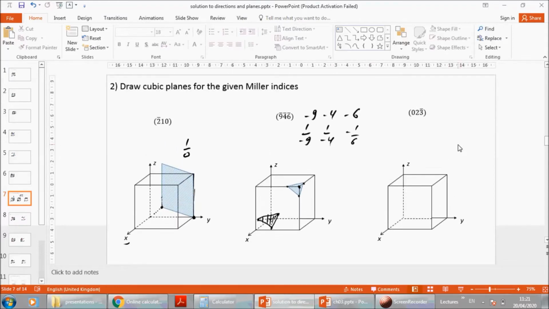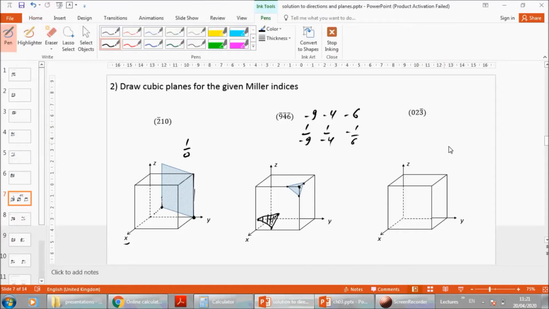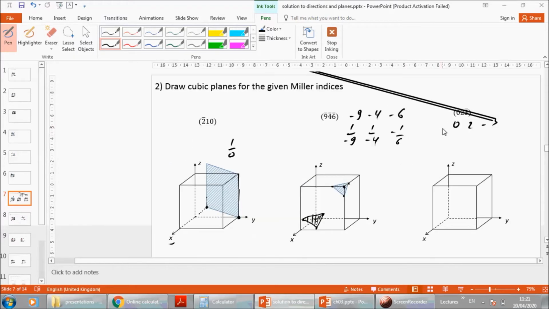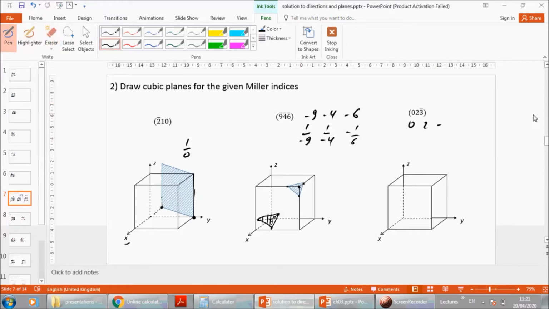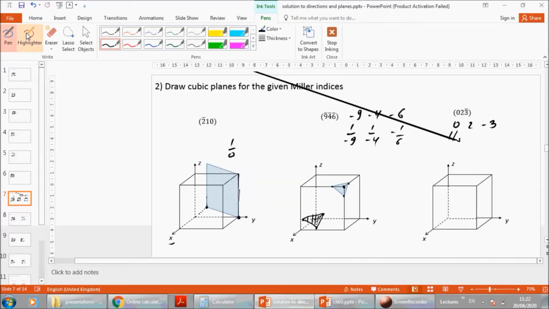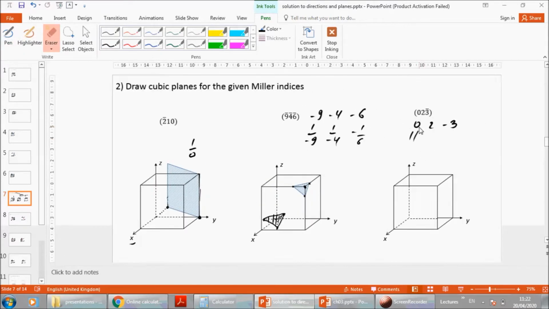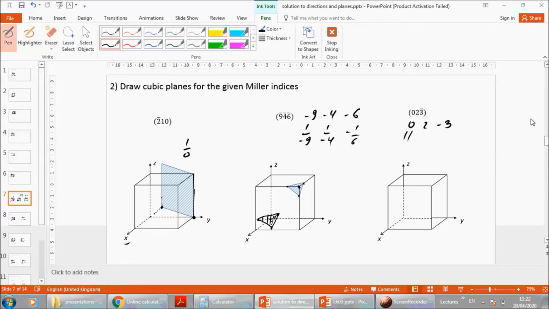For this third one, 0, 2, and -3. Again, open the bracket and take the reciprocal.